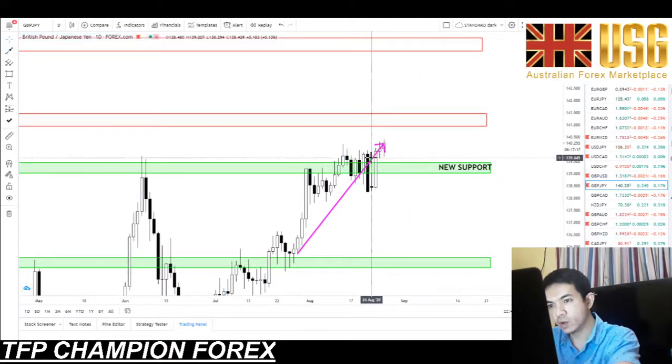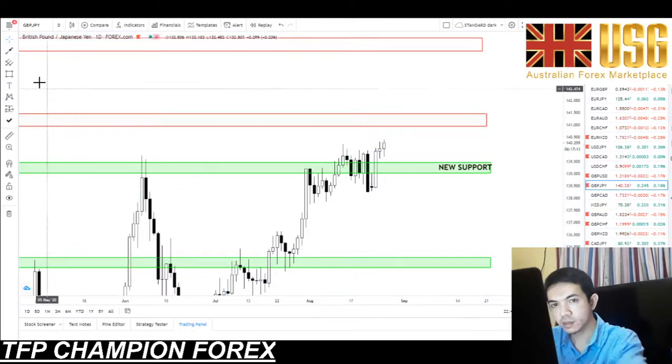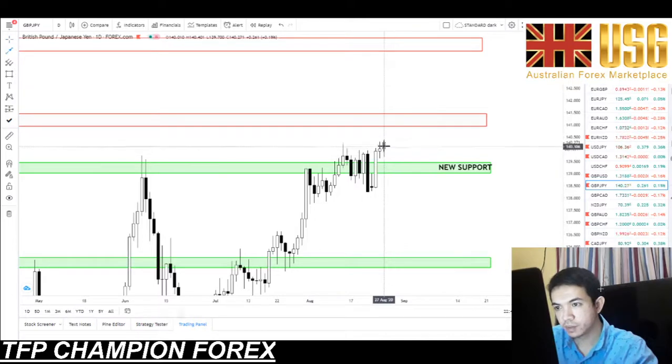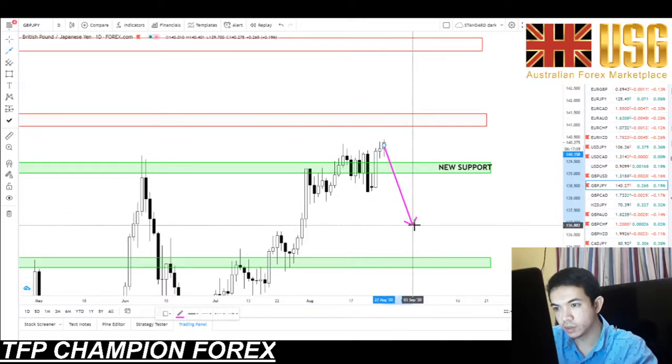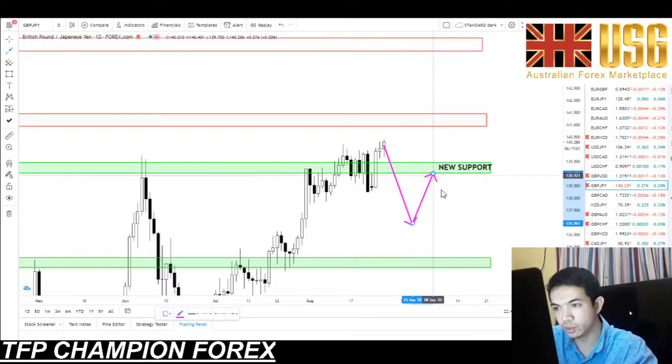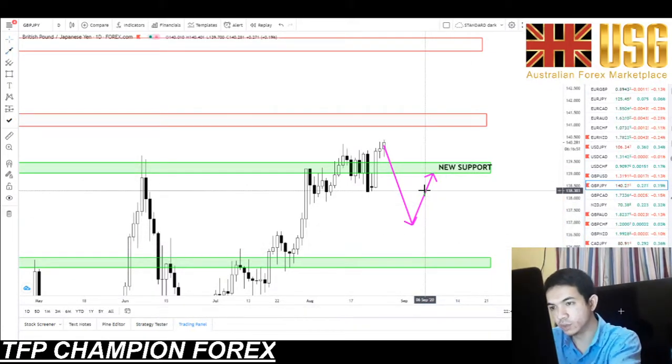All right, what if the price returns back to its zone? So definitely the price would react here again prior to going to this level of support. All right, so we have two scenarios.